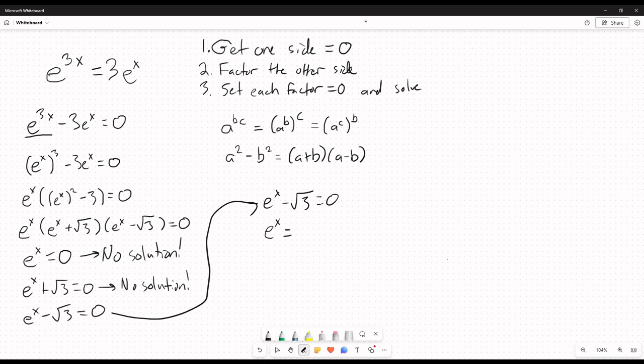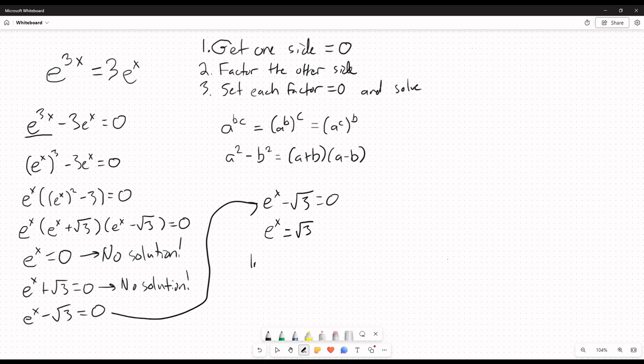If it's any more complicated than that, then you'll need to use some fancy tricks, but in this case it's not. So we'll have e to the x, we'll move the square root of 3 to the other side. And then to undo e to the x, we just need to take the natural log of both sides.